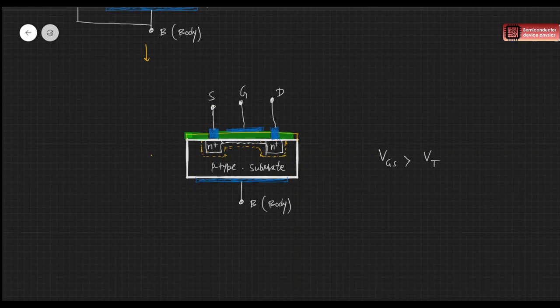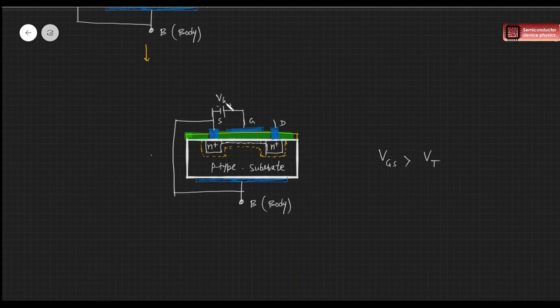So let me just draw this biasing once here. This is our source, this is gate, and this is drain, and we are applying a positive voltage between the source and gate, positive towards the gate terminal.